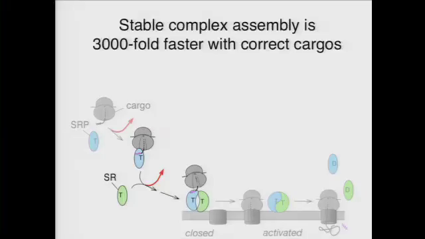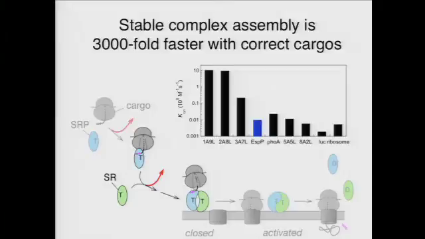Because I just told you that formation of this stable interaction, which is responsible for delivering these ribosomes to the membrane, is a lot faster in the presence of a good cargo. Now imagine what if the wrong cargo cannot do this? Then they are going to be delivered to the membrane a lot slower, right? And that's exactly what we saw.